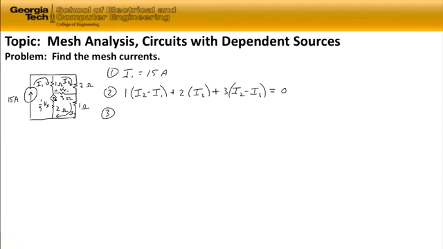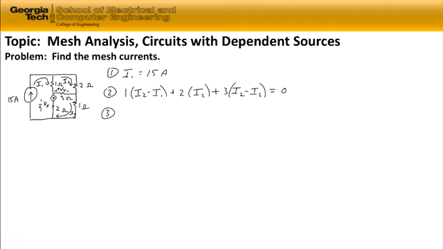In order to avoid that, we use the concept of a super mesh, and we can define a super mesh around this circuit that allows us to sum up the voltages around another loop. We can try to do perhaps a loop around the outer portion and coming down the center part of our circuit, but we can't do that because we again encounter this 15 amp source and we don't know what the voltage drop is across it.